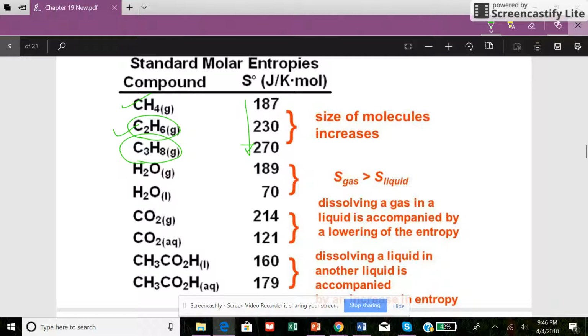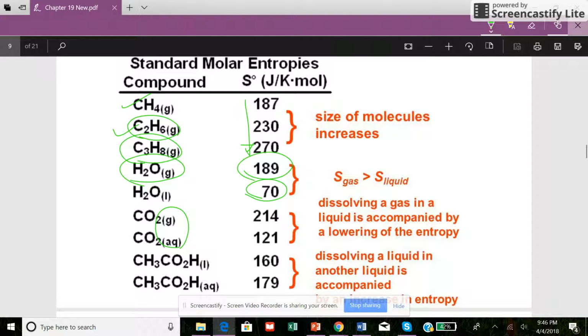Another thing is that when you talk about phases, the gas phase always has the highest entropy. You see water, liquid phase 70, and then gaseous water 189. Again, if you have gas and aqueous, the gas phase will always have the highest entropy because the gas molecules actually disperse around.